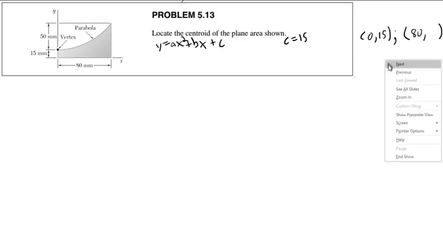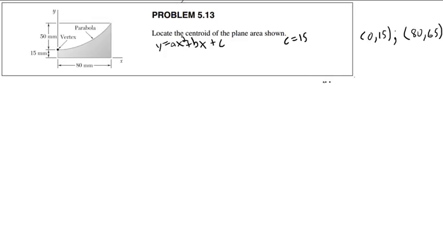Again, the reason I'm doing this is because before I can take the integral, I need the equation. Or, let's see, is this integral going to be too difficult to do? Yeah, I don't know if I want to do this.